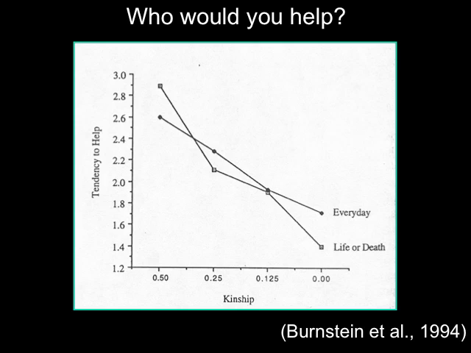So we just asked people hypothetically, how likely would you be to help? Their likelihood of wanting to help somebody, and they didn't say how likely would you be to help a 0.5 relative, but they said how likely would you be to help your full sibling or your mother or your cousin or your aunt or your nephew.